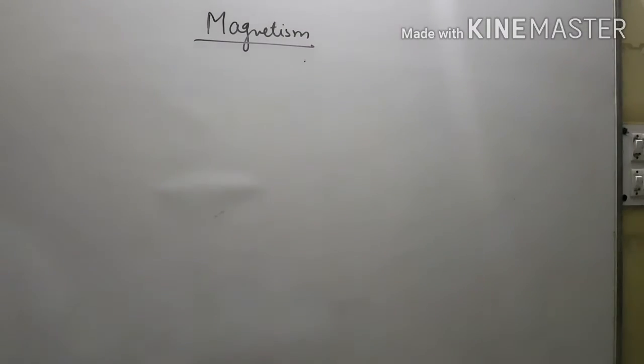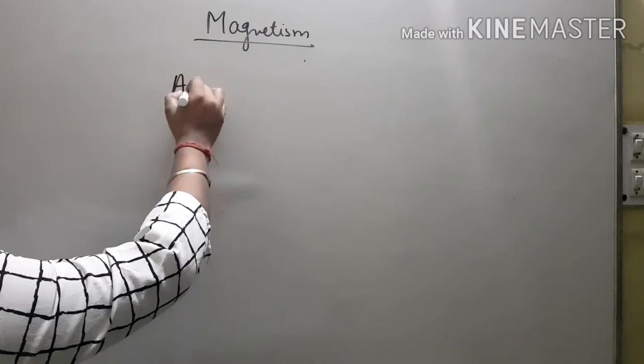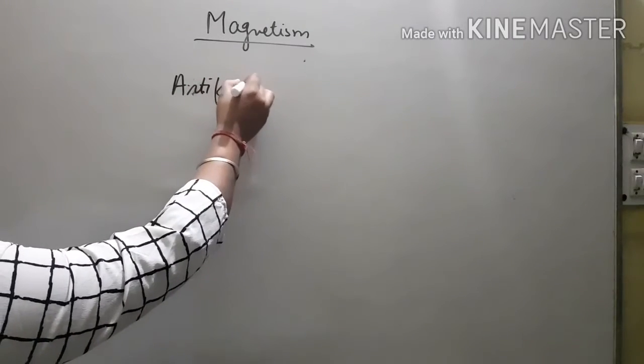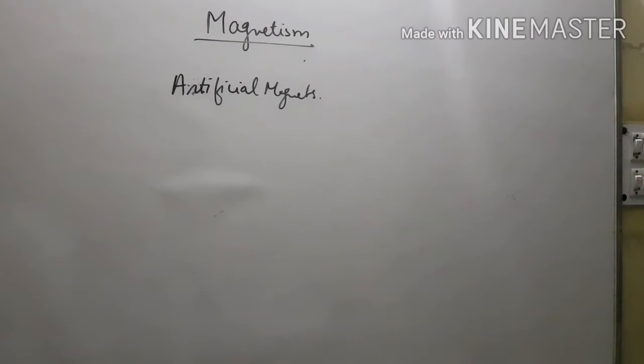They are obtained from the naturally occurring magnet by keeping iron, nickel, steel near the magnets.